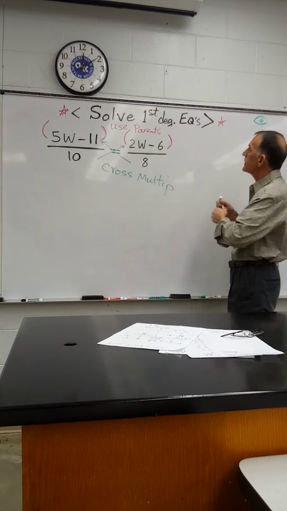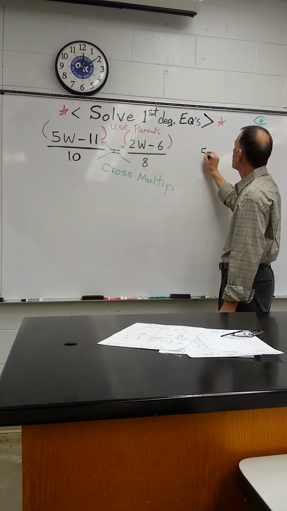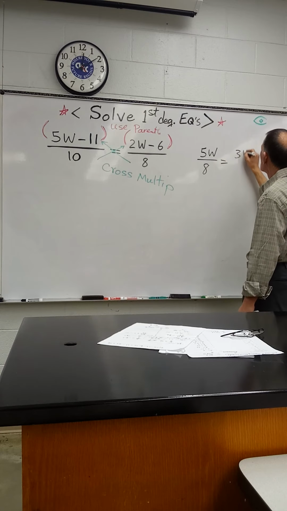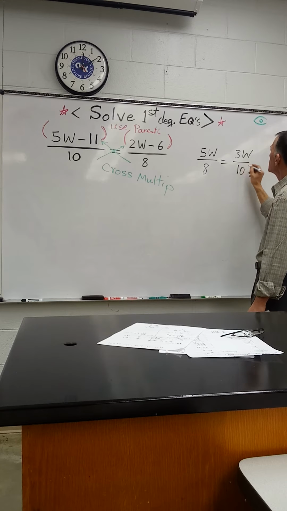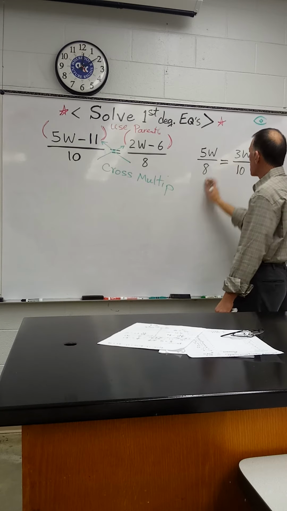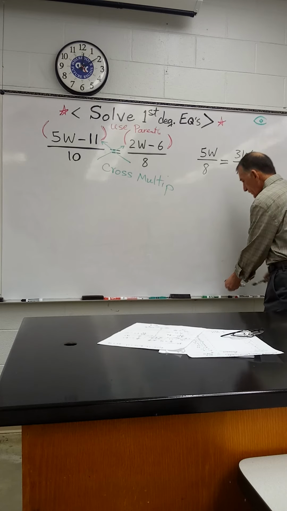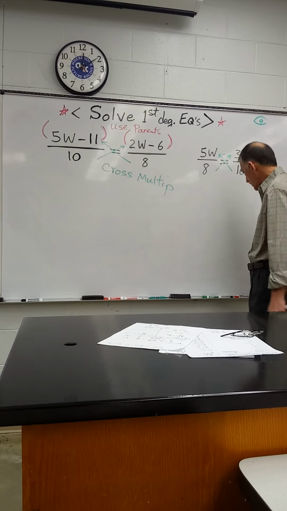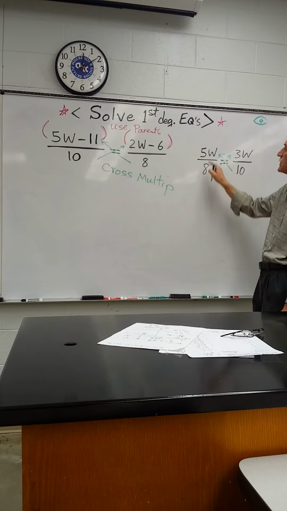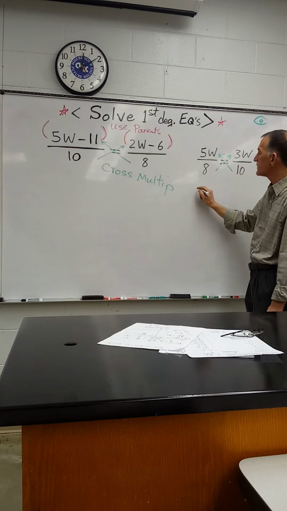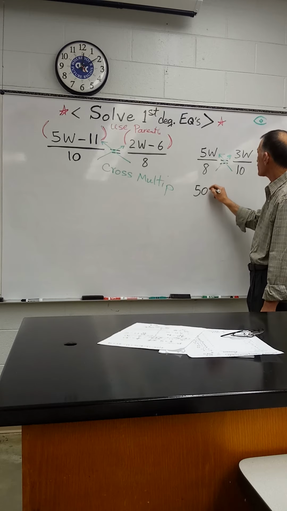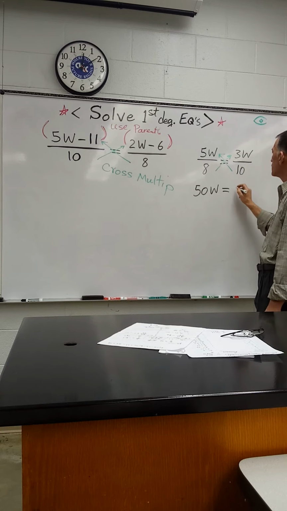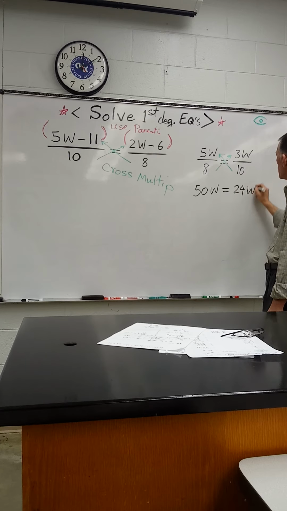What happens if you had, for example, 5w over 8 equal to 3w over 10? Well, in that case, single term, you can cross multiply. Let's do this first, and then I'll go to that one. You can cross multiply and then write 10 times 5w, that's 50w, equal to 8 times 3w, that's 24w.